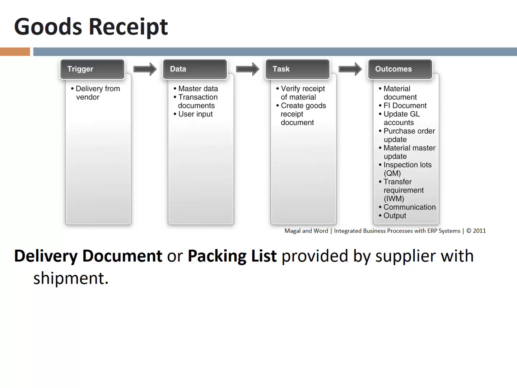Now typically, although we would not necessarily have to have this in every instance, typically the supplier will send along with the shipment a delivery document or a packing list that will tell us exactly what is in this particular shipment, because the idea there might be, if we have an ongoing relationship with the vendor, at any given time we may have multiple purchase orders out with that vendor.